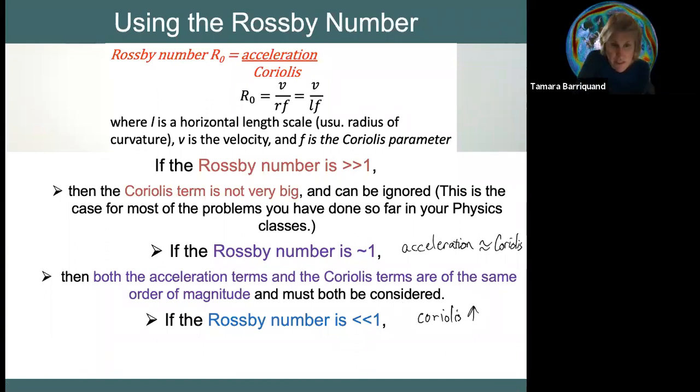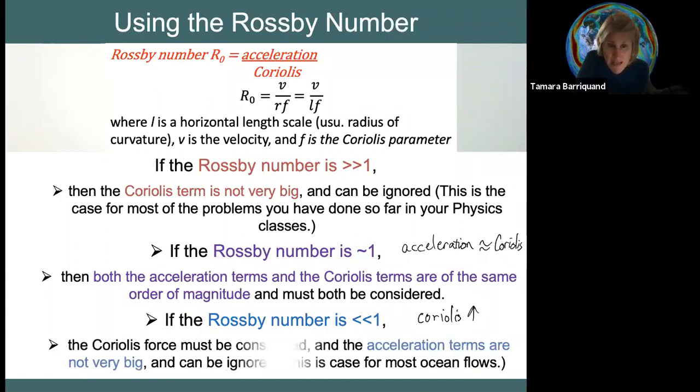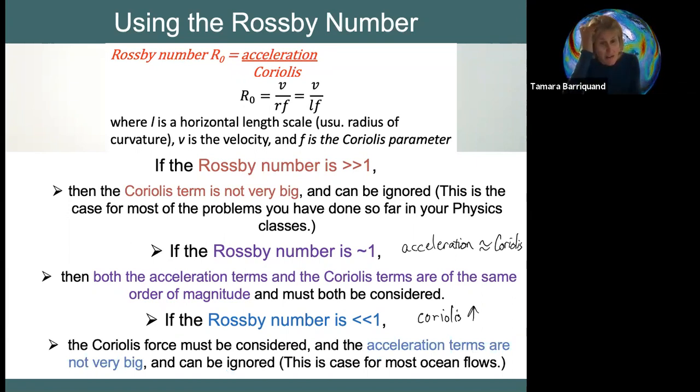And so Coriolis in this case must be considered, and the acceleration terms are not very big. In that case, we can ignore the acceleration terms. And that is the case for most ocean flows. So most ocean flows have a really small Rossby number. So the Rossby number will be very, very small. We'll need to consider Coriolis, but we won't need to worry about the acceleration terms.